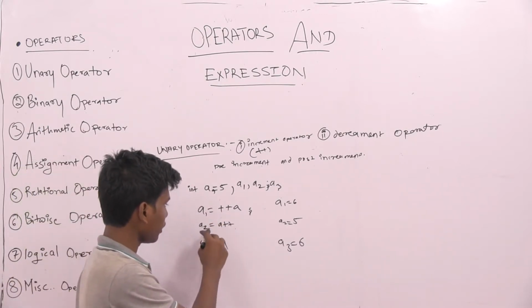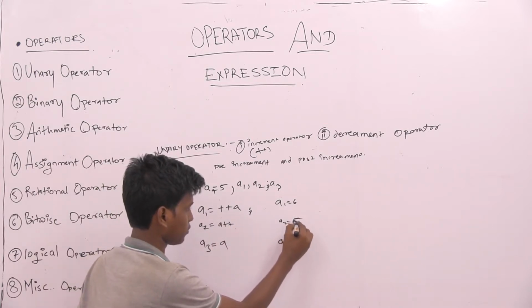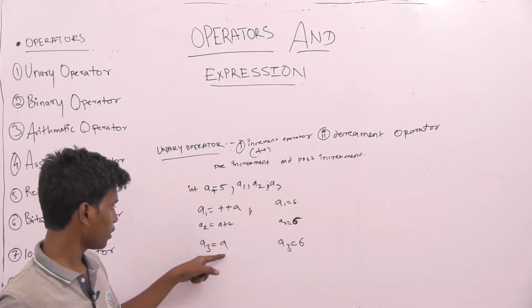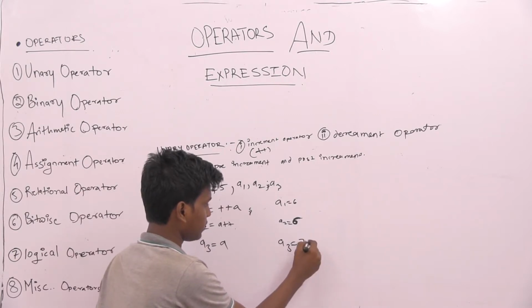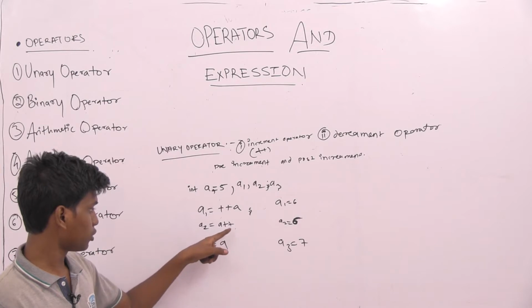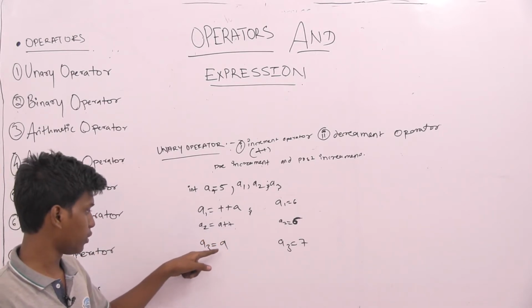So a2 equals a++, that is a2 equals 6, and a3 becomes 7, as the post-increment operator a++ is used in the a2 variable, then the a3 value becomes a.